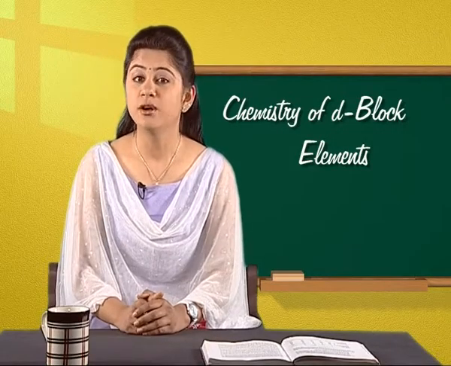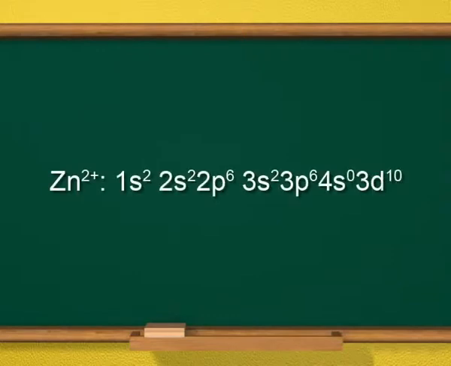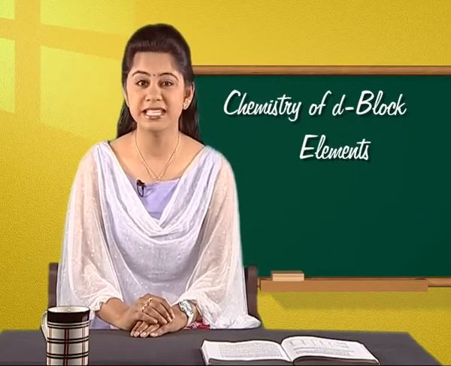Electronic configuration of zinc ion is also shown here: 1s2, 2s2, 2p6, 3s2, 3p6, 4s0, 3d10. It has 10 electrons in its 3d orbital.